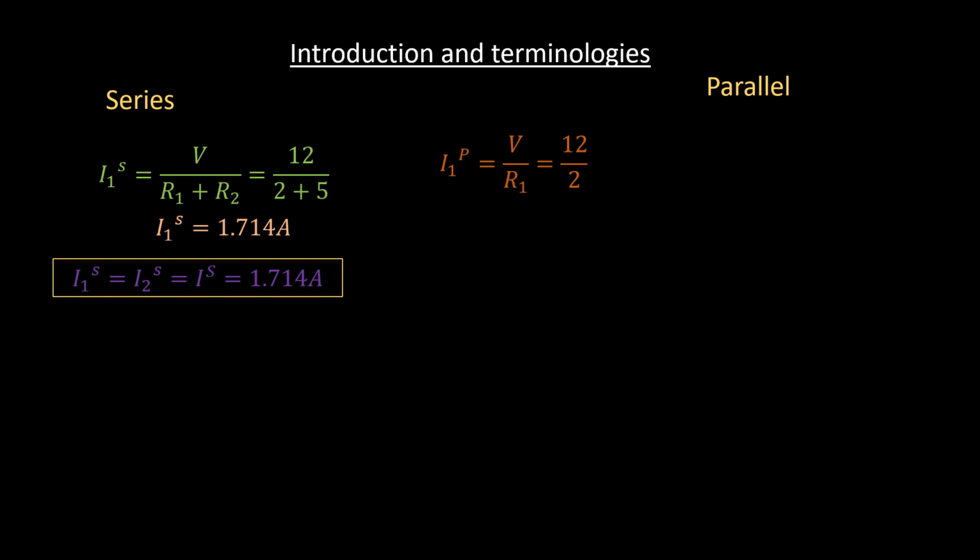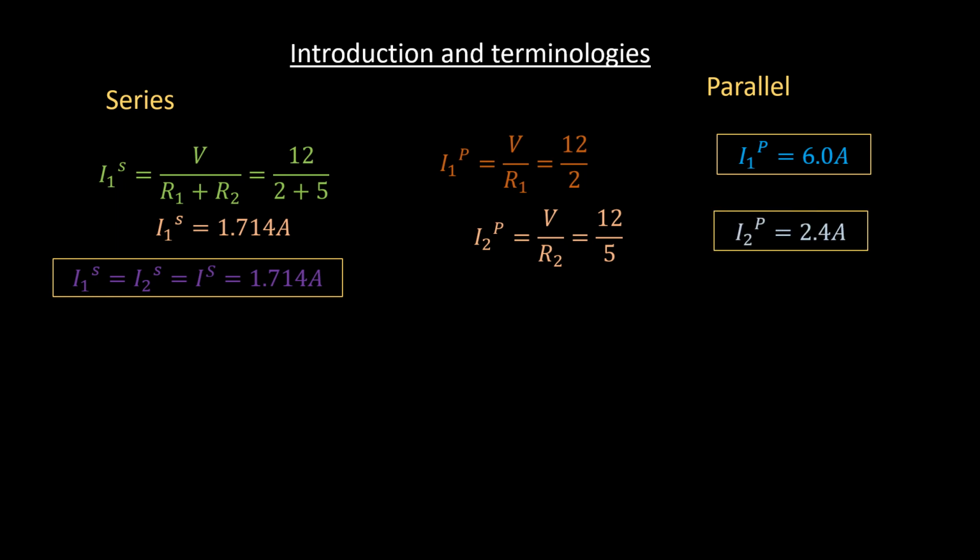This is because when resistors are connected in parallel and then to the supply voltage, the voltage across each of them is equal to the voltage of the supply. So, the current through resistor 1 is equal to 6 amperes. For R2, the current is given by 12 over 5, which is equal to 2.4 amperes.